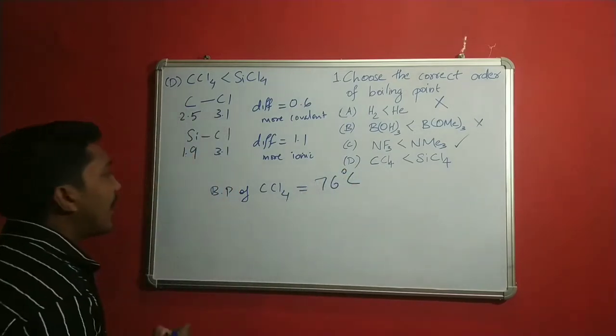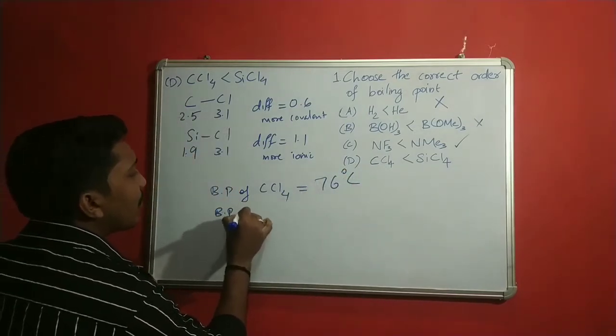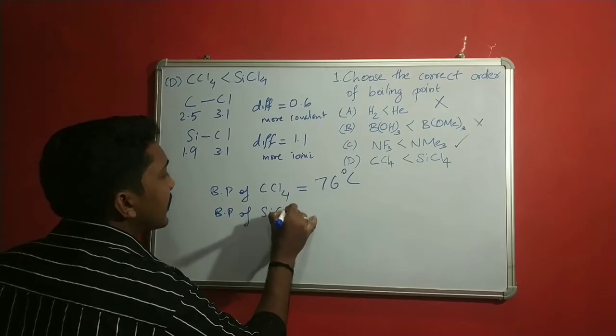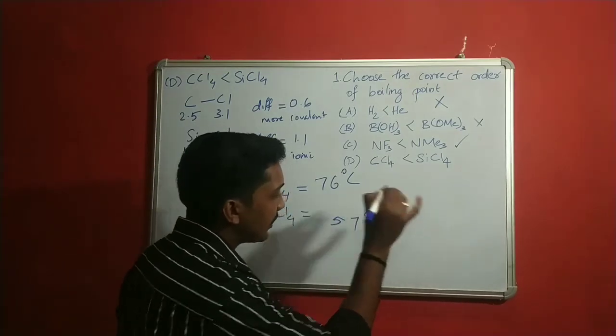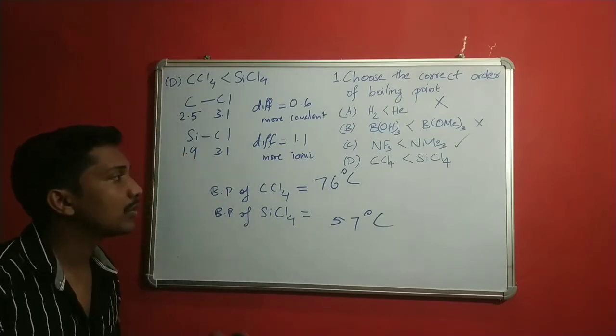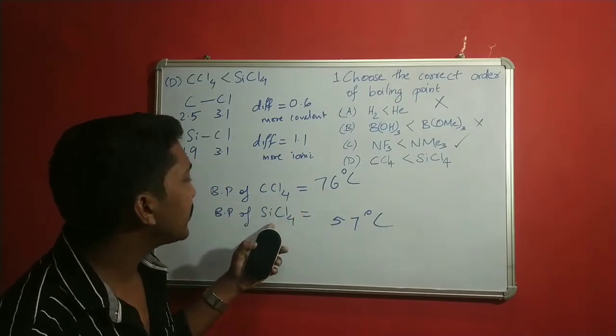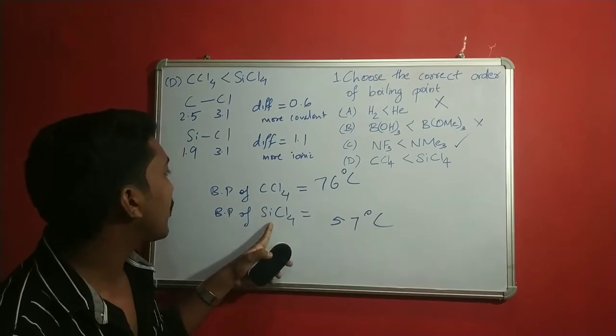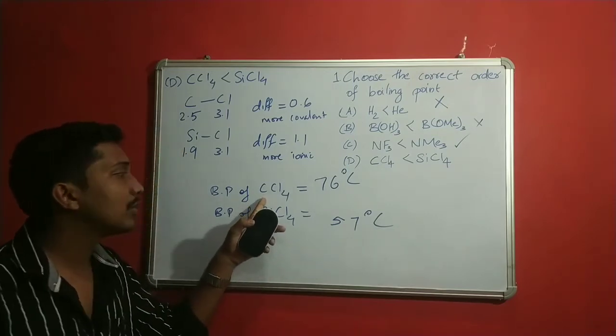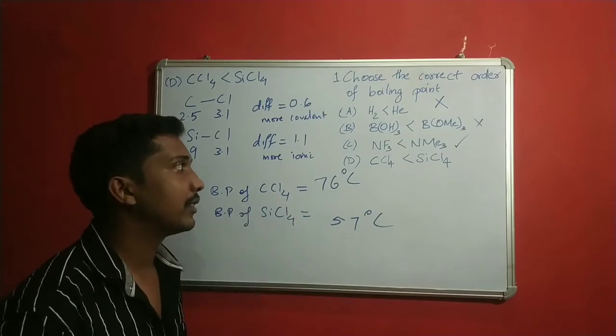But the observed values for these molecules: the boiling point of CCl4 is somewhat 76 degrees Celsius and the boiling point of SiCl4 is 57 degrees Celsius. So we were expecting SiCl4 should have higher boiling point and CCl4 should have lower boiling point.